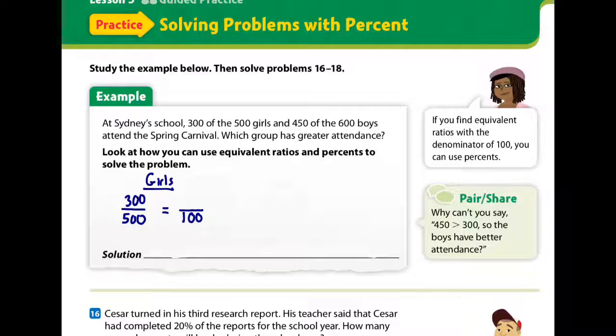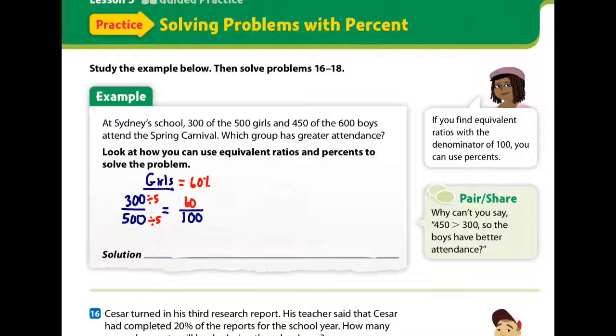So to solve this one, I noticed that 500 divided by 5 is 100. So then I'm going to do 300 divided by 5, and I get 60. So what that means is 60% of the girls attended the spring carnival.